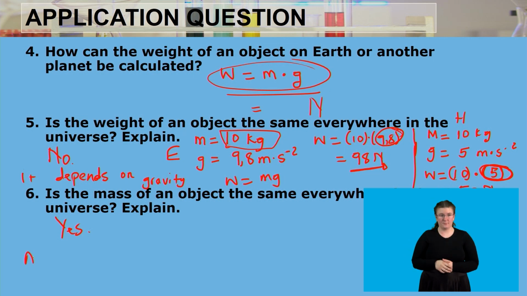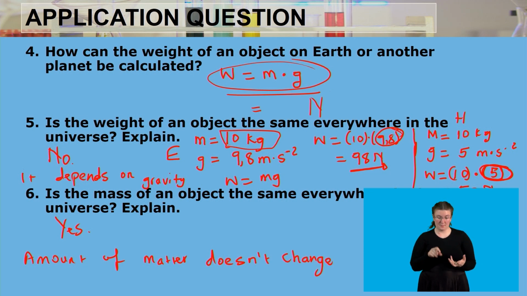Because the amount of matter making up that object is not going to change. What is going to change is the weight of this object, depending on where it is in the universe.